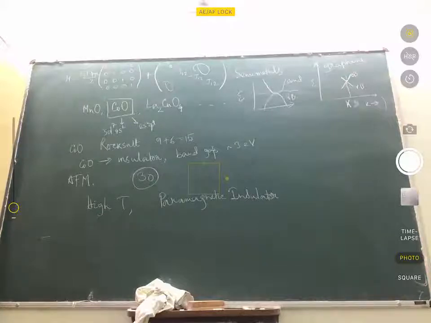And that will connect this phenomenon as to why cobalt oxide becomes an insulator and an antiferromagnet. These are not independent phenomena. La2CuO4 is another classic example of this. So these two phenomena are closely related.